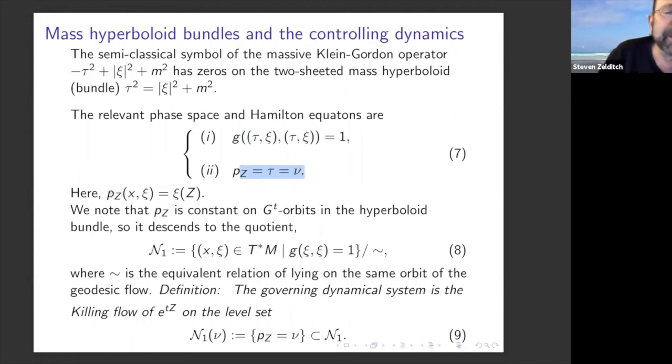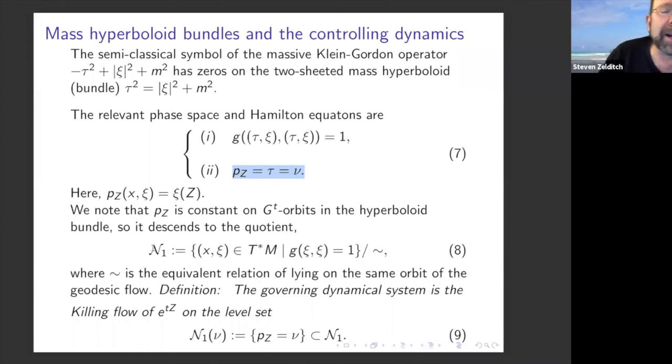And we still look at the Killing flow on a level set of the symbol of the Killing vector field. And that's our controlling dynamical system. It will change depending on what level set we look at, what value nu we put in there. So these are like different time slices of the mass hyperboloid bundle.